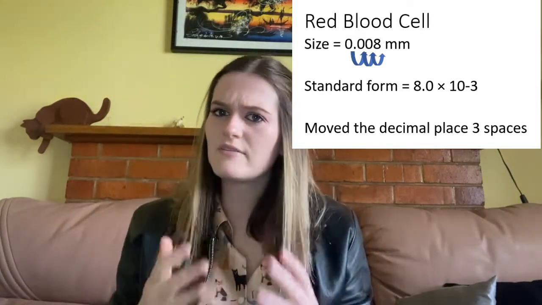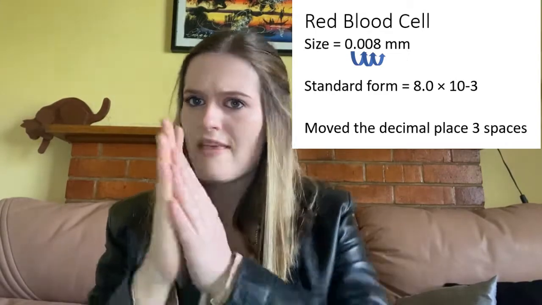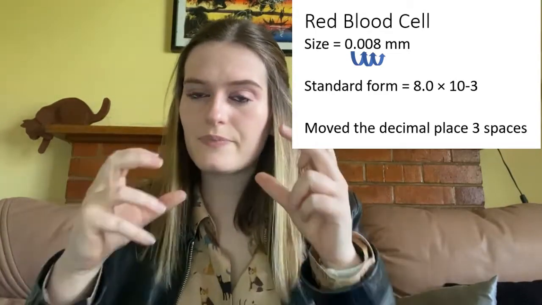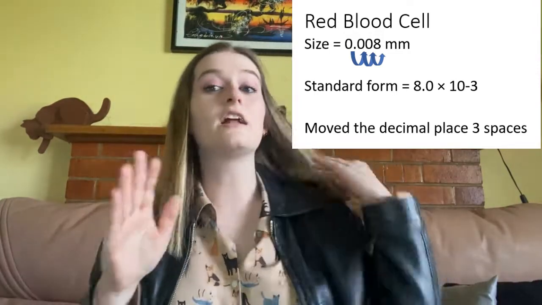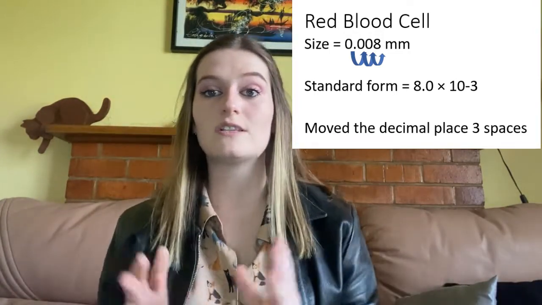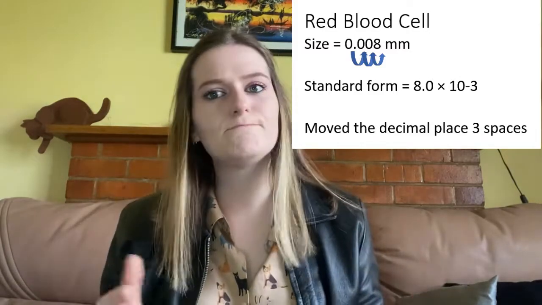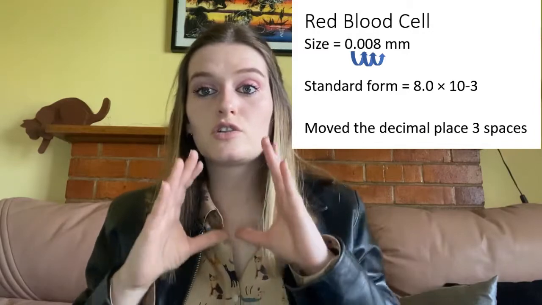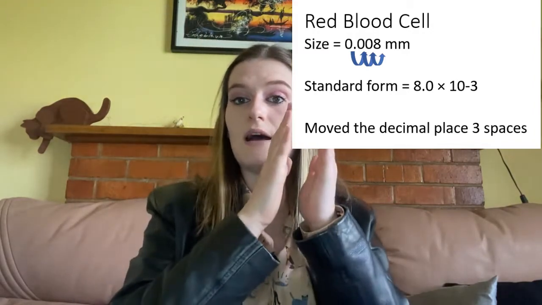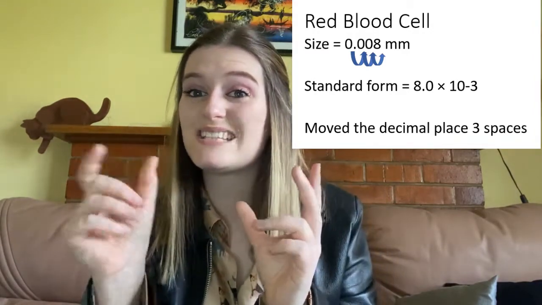So that's how we convert to standard form. That was just a brief little tutorial on converting to standard form, because we've talked about our levels of organization. That's the main thing I want you to take away from this video: levels of organization, understanding those. But also, it's not too difficult to convert from a pure form to a standard form.